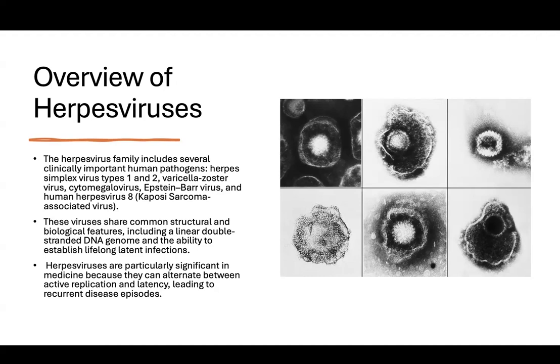These are quite well known. All of these herpes viruses have a DNA genome, but it's linear. It's a linear double-stranded DNA. And one thing that is very characteristic of them is their ability to create latency, a lifelong latency. And what does that mean? They're able to insert, first of all, their genome into our genome.